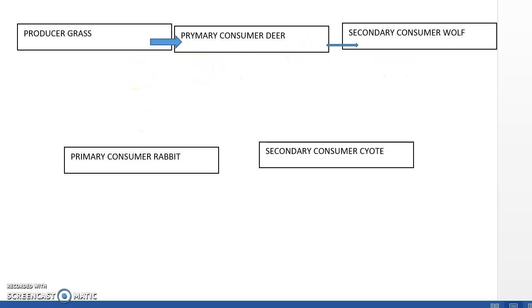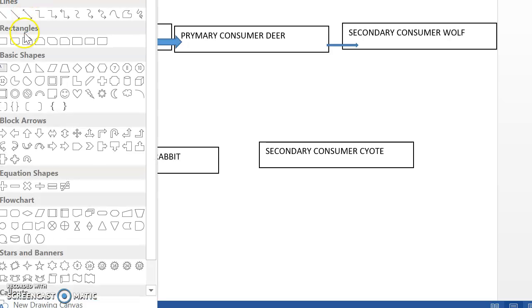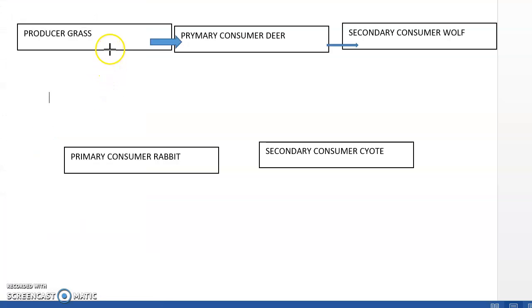Now let's connect our food web to our food chain. So I'm going to grab some more arrows. So we're going to go grass goes down to rabbit over here. So the 10% loss here. Then there's a 10% loss here as the rabbit gets eaten by your coyote.